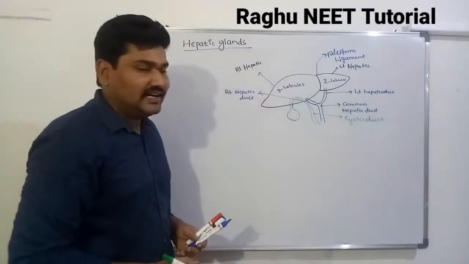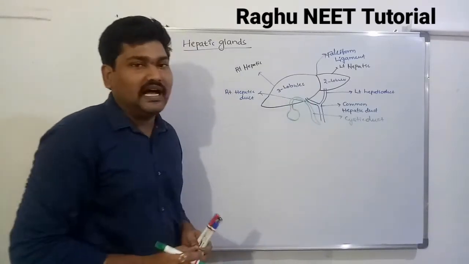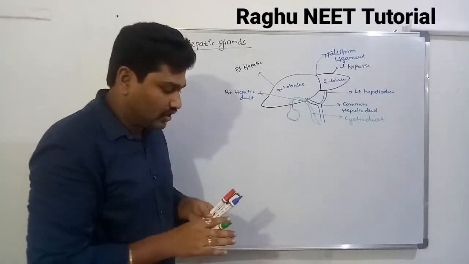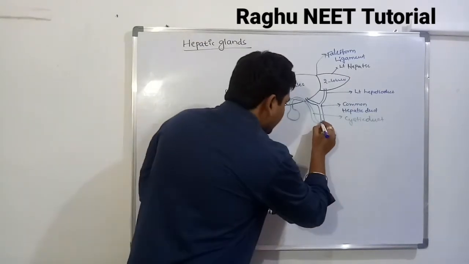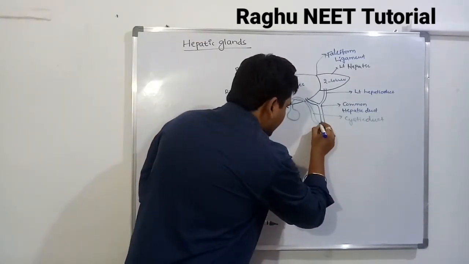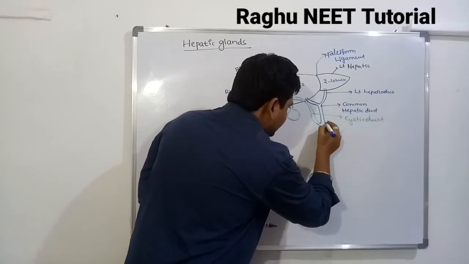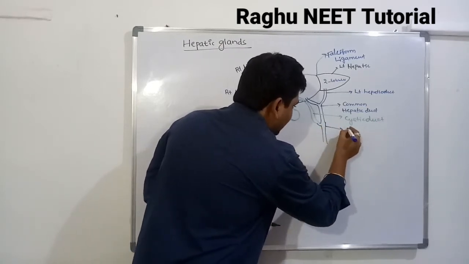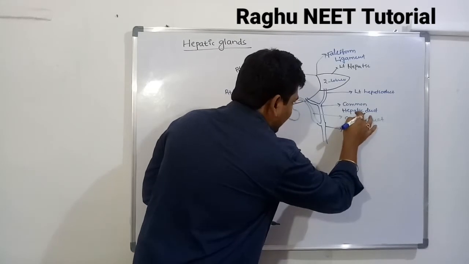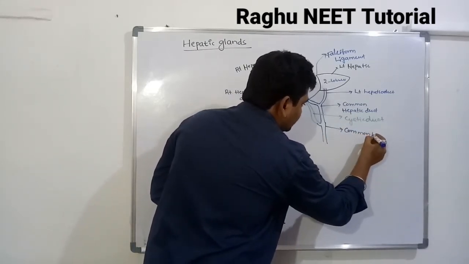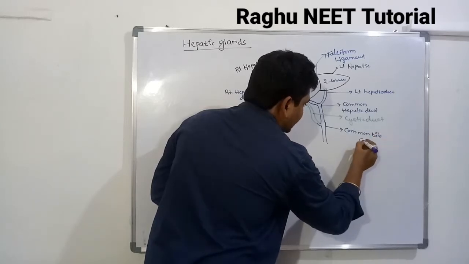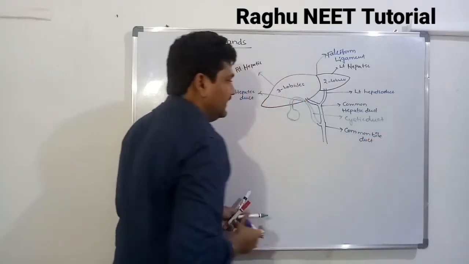The cystic duct and the common hepatic duct combine together to form the common bile duct. This is the common hepatic duct, and this one is the common bile duct.